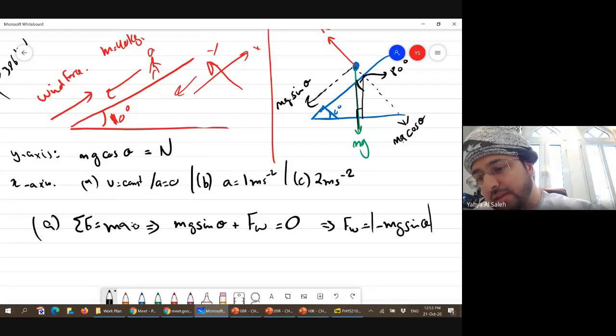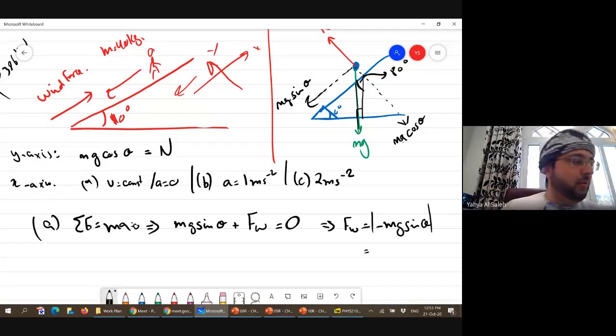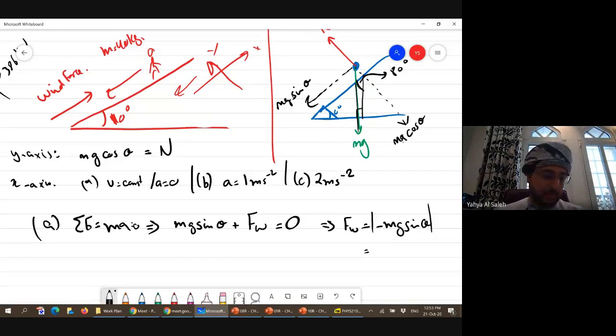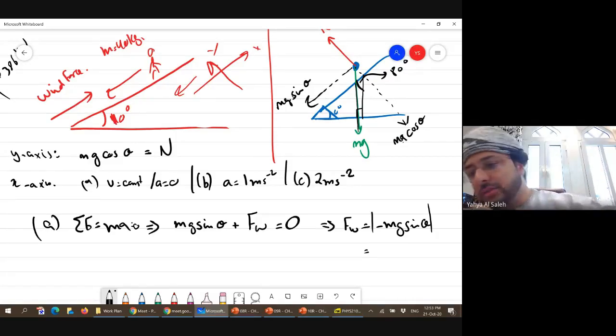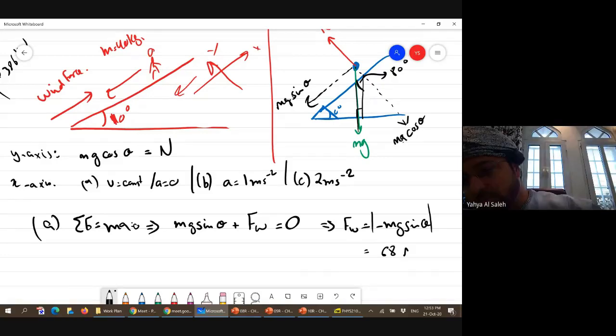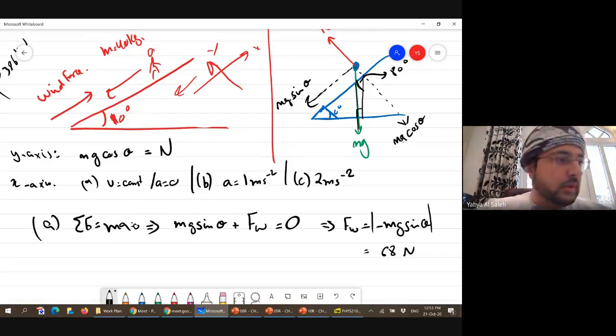We only want the magnitude, so it will be 40 times 9.81 times sine 10, which is 68 newtons, give or take.